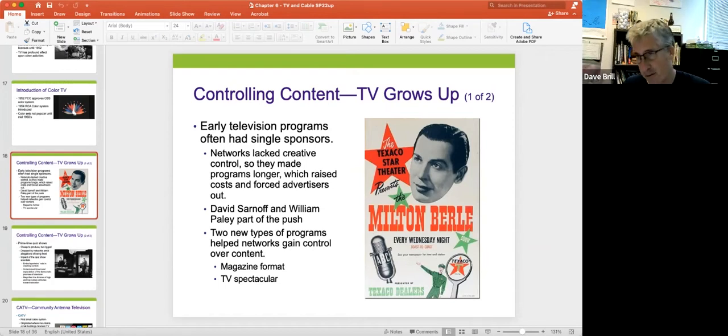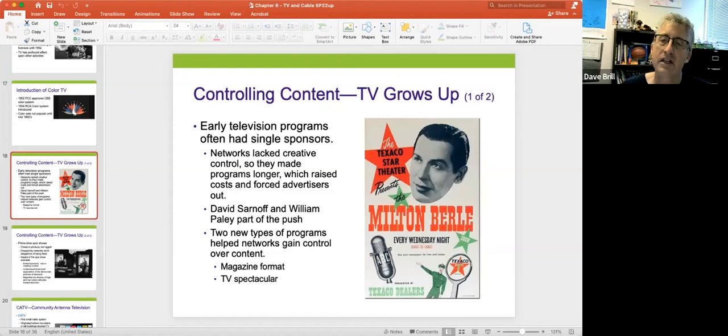So NBC offered spot ads within the shows. Advertisers paid the network for 30 to 60-second time slots. Of course, we still see that today. And the network, not the sponsor, produced and owned the programs or bought them from independent producers.